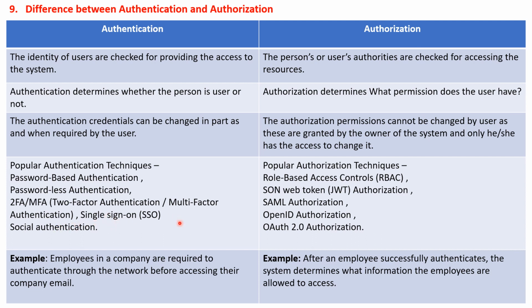Single sign-on (SSO) and social authentication are also popular techniques for authentication. For authorization, there are role-based access control, JSON Web Token (JWT) authorization, SAML authorization, OpenID authorization, and OAuth 2.0 authorization. These are the authorization techniques.